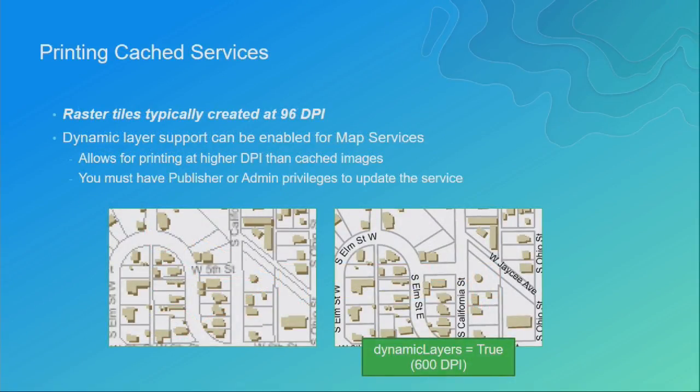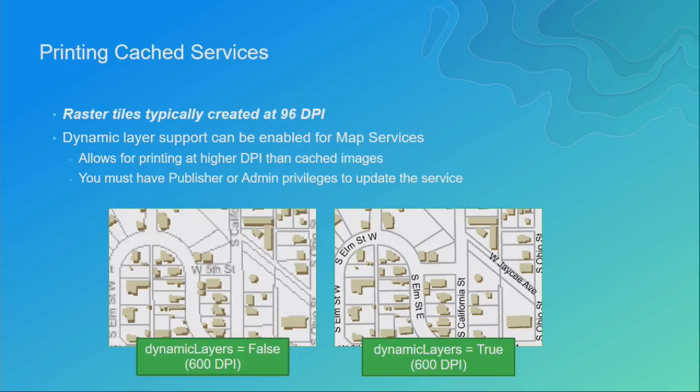Printing cache services are kind of a special case. Raster tiles are typically created at 96 DPI in the ArcGIS world. Dynamic layers can be enabled for a map service that's cached. And this allows us to print at a higher DPI than the cached images, because we will make a dynamic layers drawing request to that service to bring down a better looking rendition of that service.